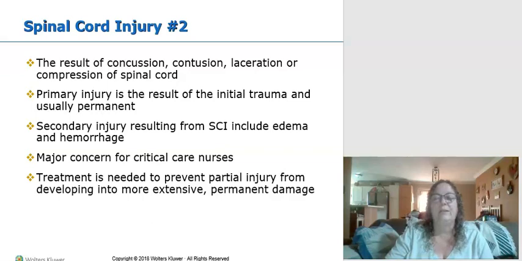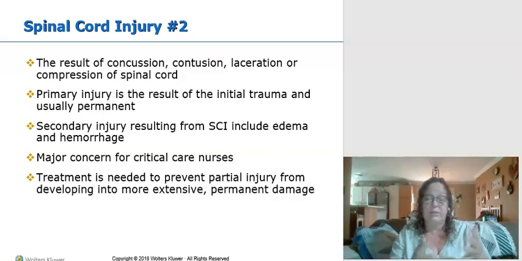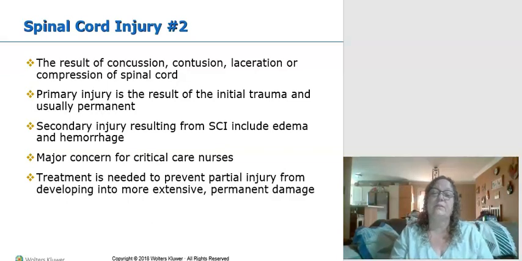So spinal cord injury is the result of a concussion, contusion, laceration, or compression of the spinal cord. So this is some sort of damage to the central nervous system, your spinal cord, right? The primary injury is the result of the initial trauma, and usually permanent.